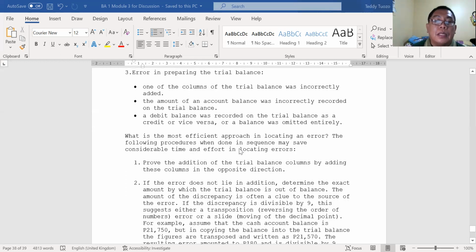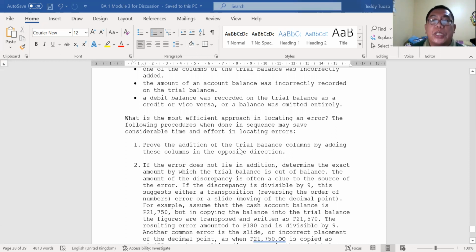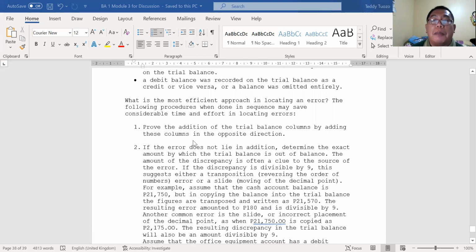What is the most efficient approach in locating an error? The following procedures, when done in sequence, may save considerable time and effort in locating errors. Prove the addition of the trial balance columns by adding these columns in the opposite direction. I don't buy this suggestion, no?